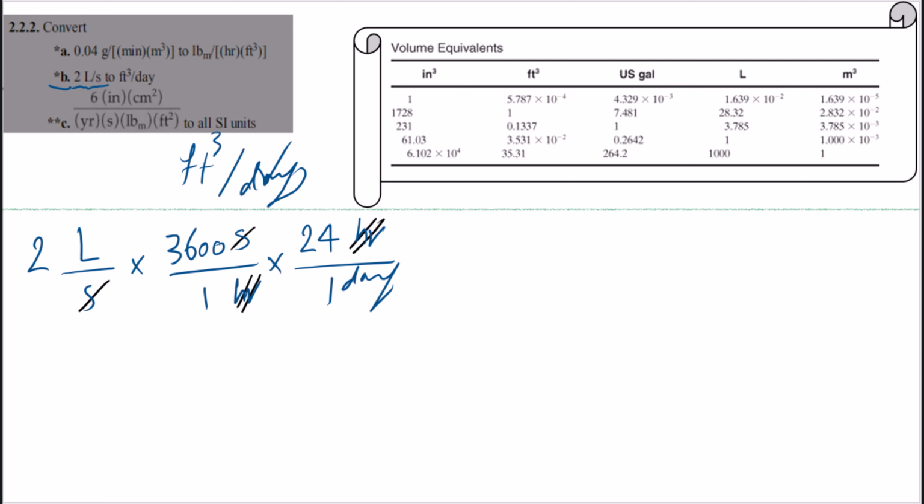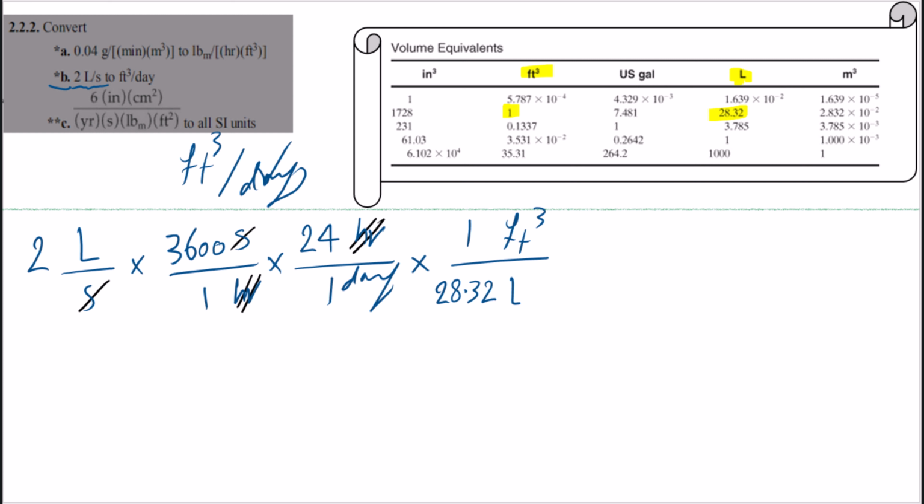Okay, and the next part is converting liter to cubic foot. You can use this: 1 cubic foot converted to liter is 28.32 liter.